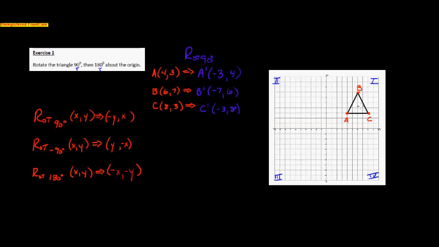That's the image of the original triangle, and I'm just going to take a second and graph them, and you can do the same. This is going to be a prime, and negative 7 comma 6 is right here. As soon as I count 6 up the coordinate axes here, that's going to be b prime, and negative 3 comma 8 is right here.